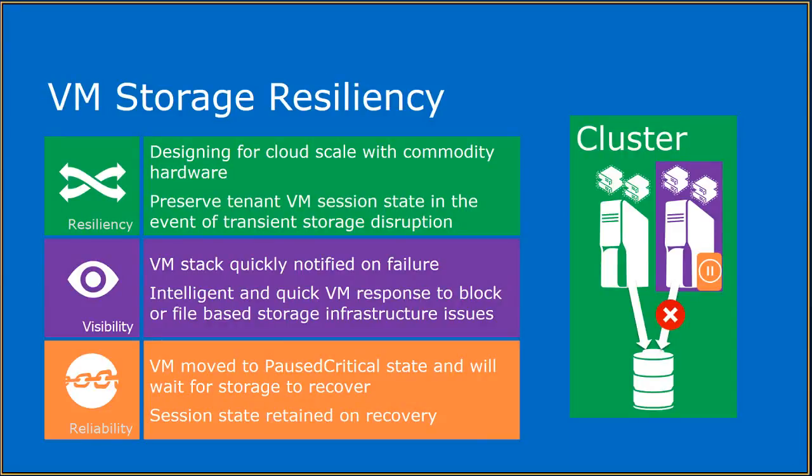That's not good. What we do now is proactively detect the health of the network, and if one of the nodes cannot access its disk, rather than crashing the virtual machine, it's just going to pause that virtual machine. Once that storage connection comes back online, it's going to resume that virtual machine so that it keeps running. And this way, we're going to have much healthier virtual machines in our infrastructure.